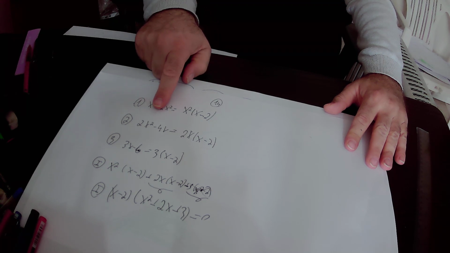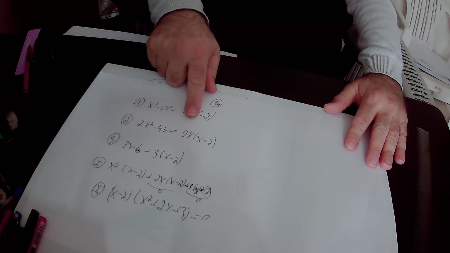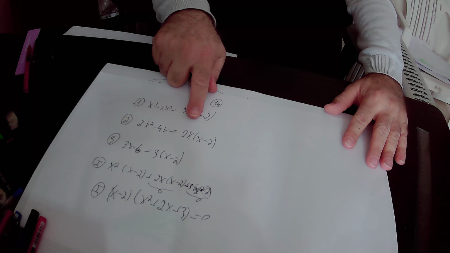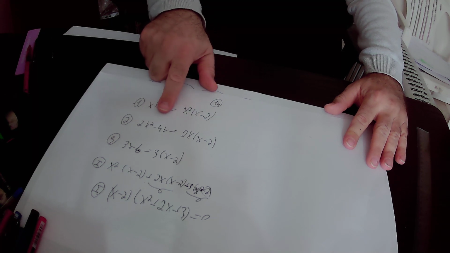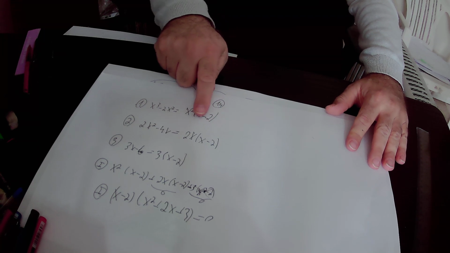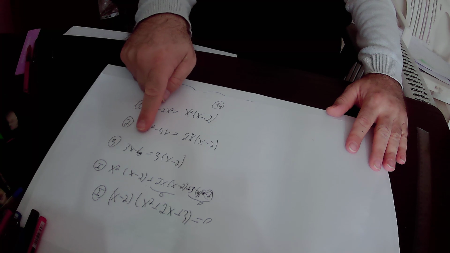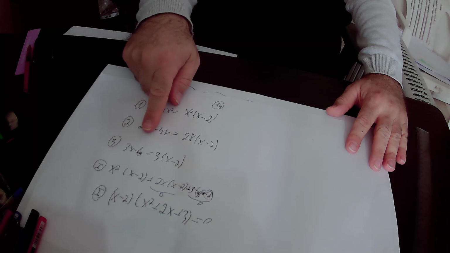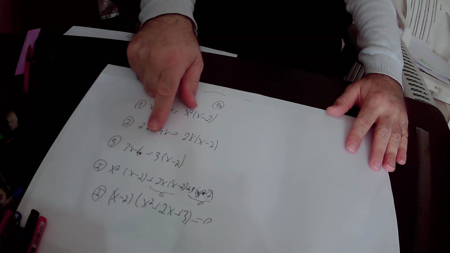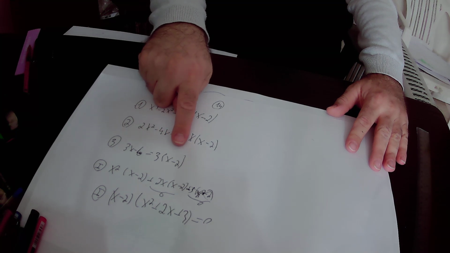From 2x squared minus 4x, the common factor is 2x, and inside the brackets you will get x minus 2. From 3x minus 6, we took a common factor of 3, and inside the brackets you will get x minus 2.